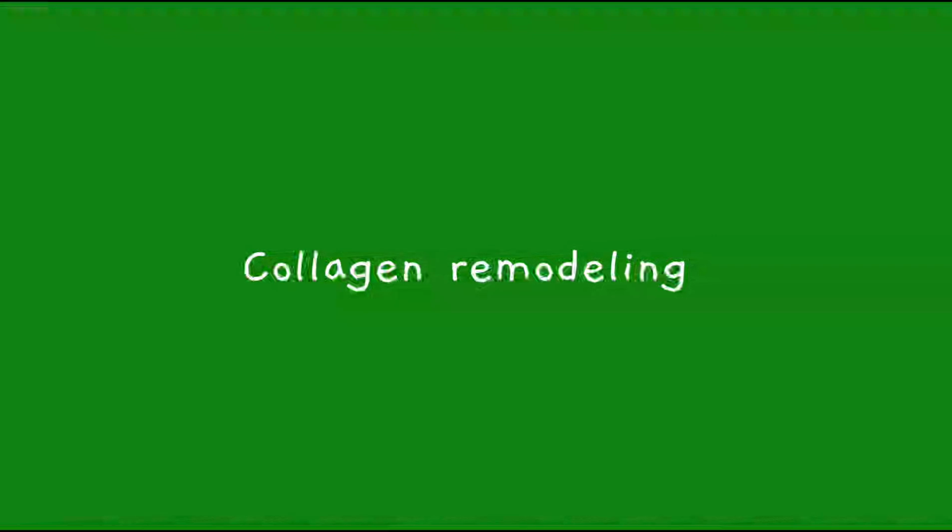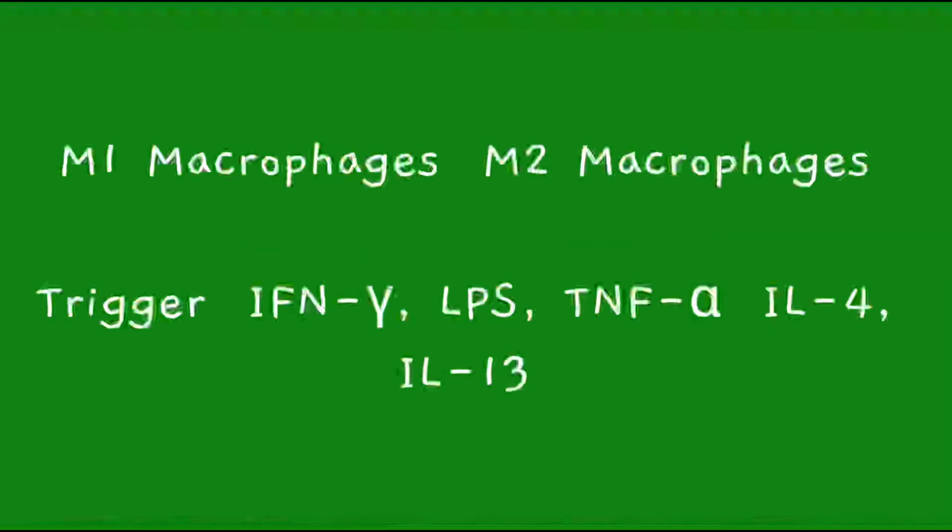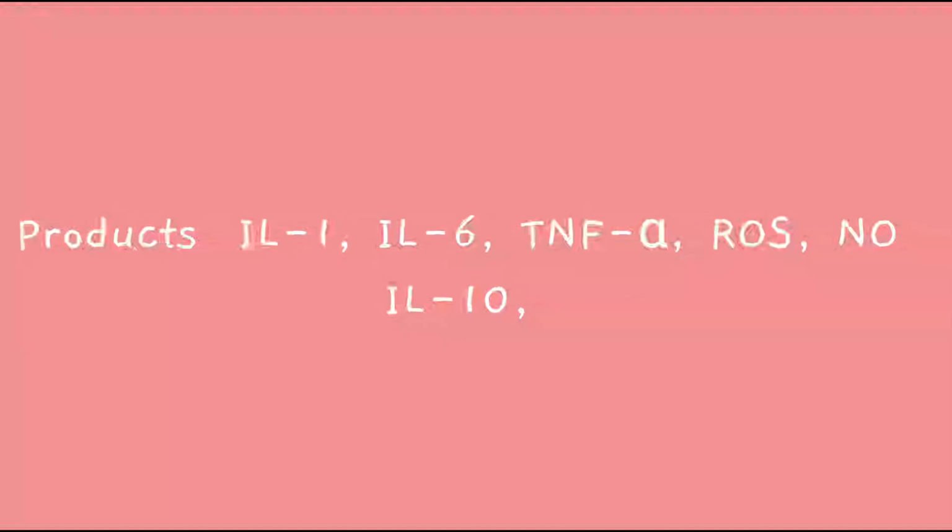Then there are various types of macrophage polarization, like macrophage M1. It is triggered by IFN alpha, IFN gamma, LPS, and TNF alpha. Its function is pro-inflammatory and microbicidal, with production of interleukin 1, interleukin 6, TNF alpha, ROS, and NO. Its role is to kill bacteria and activate Th1.